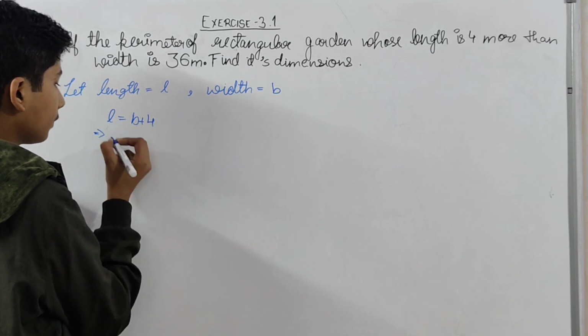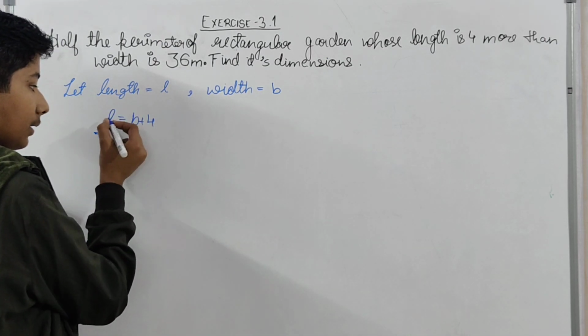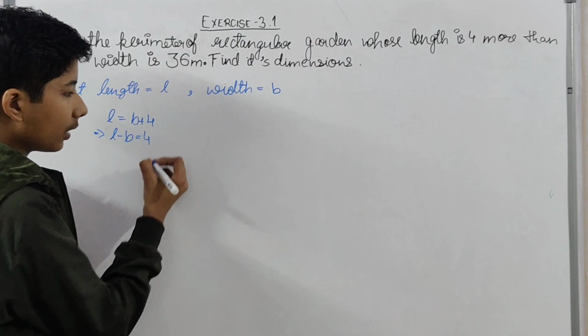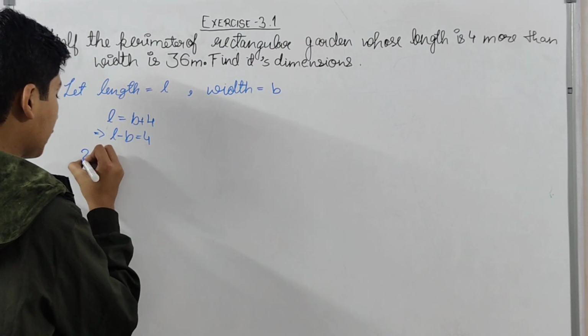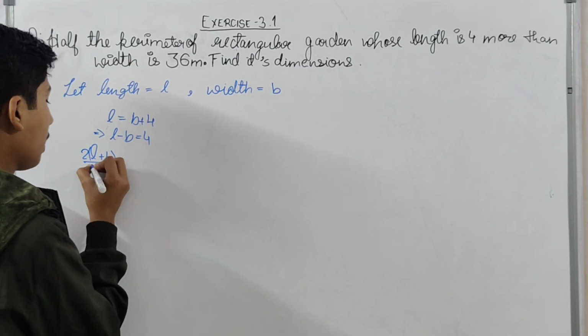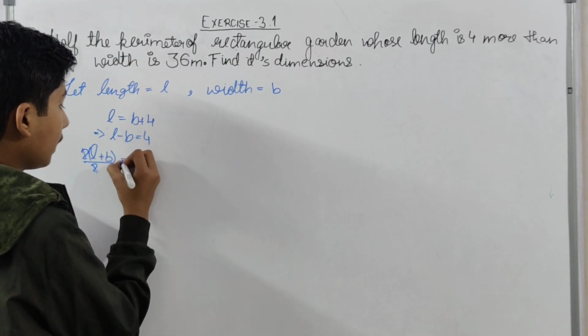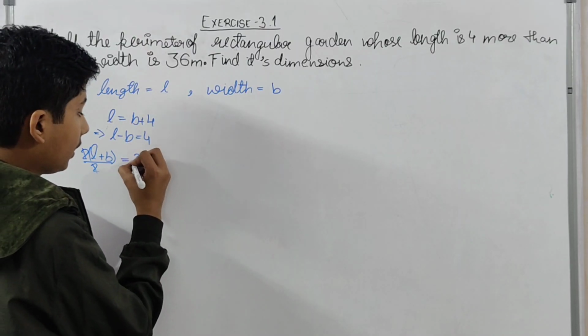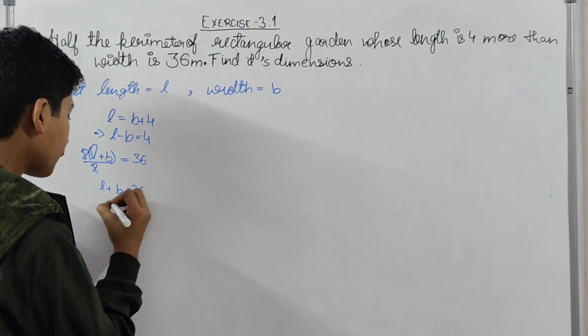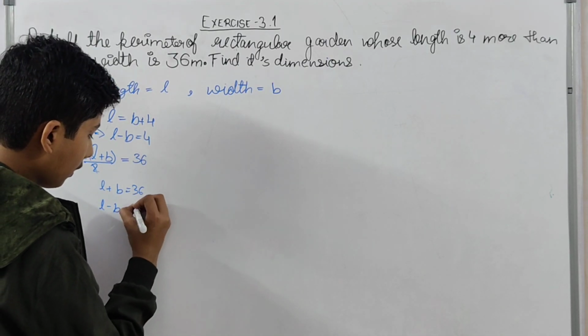If you shift this B to this side, it will be L minus B equals 4. And also we know that L plus B equals perimeter upon 2, which is half, given to us as 36. So L plus B is 36, L minus B is 4.